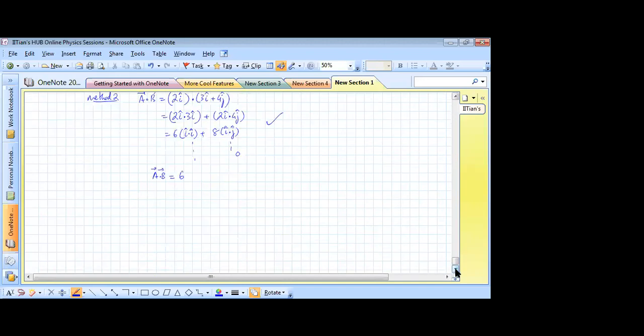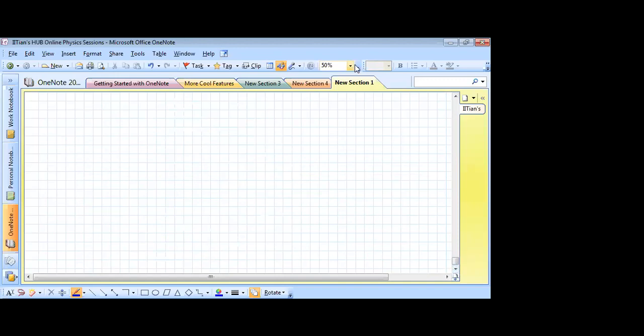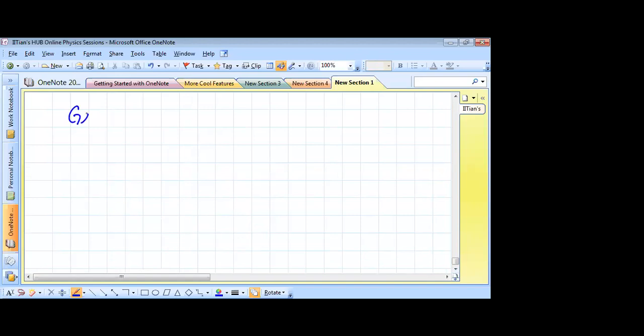Okay. So next up, we'll see the general formula. When we are given vectors in component form, we won't use the cos theta method. We'll use this method, that if the two vectors A and B are known in component form, just expand this.